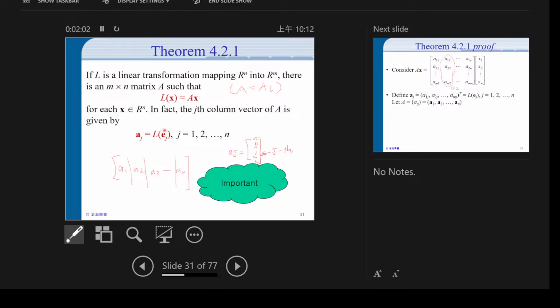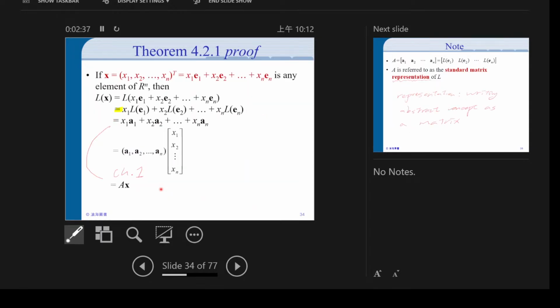You put those Ej into this linear transformation, and then you get mapped to something inside Rm. This m-dimensional vector Aj, where this j is the same as the j in Ej, will be the jth column of your A. You do this one by one, calculate each column of A and put them together, and you get this m by n matrix A.